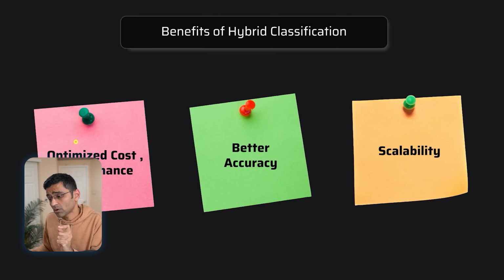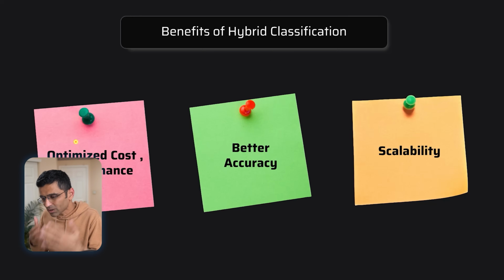And scalability of such a system is also higher. Tomorrow, let's say your usage of log classification goes from 1,000 log classifications per day to a million log classifications per day, and let's say 80% of the messages are regex, you will be able to scale this very rapidly.